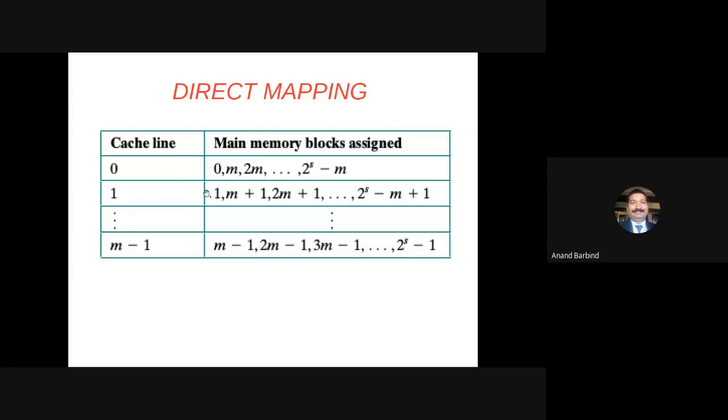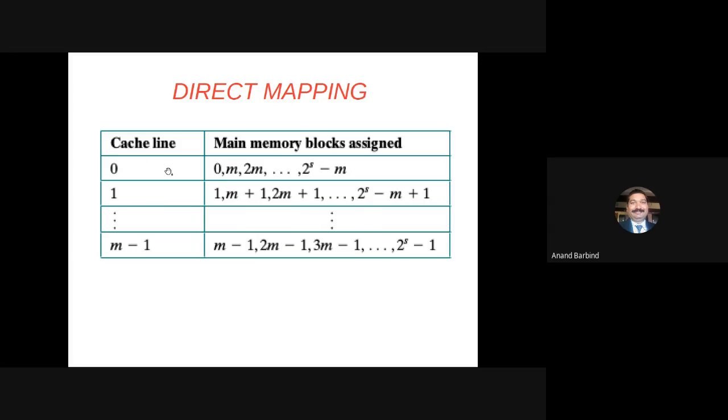So you can see here that if m number of lines are there, then block number 0, block number m, block number 2m, up to 2 to the power s minus m, if they are to be transferred into the cache, they will be transferred to line number 0.